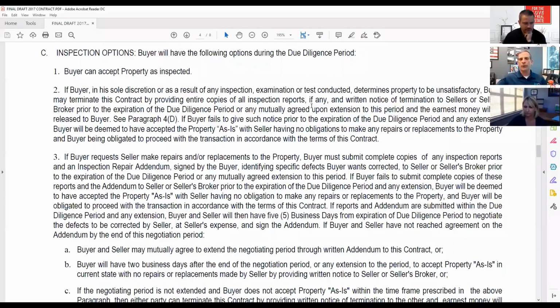The purchase that the seller was going to make would fall through, and it'd be a domino effect where 3 or 4 closings may fall through. And so we would rather have a buyer have buyer's remorse and cancel within the first 10 to 15 days of signing the contract than in the last 5 or 10 days of the contract, which is what was happening prior to 2006, 2008.